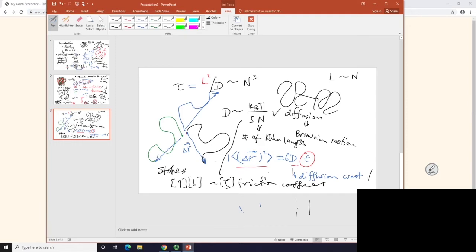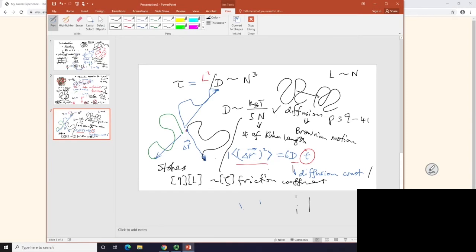So all these details, you can find them in all I just covered so far. You can find them starting with page 39 to something around 41 or so.